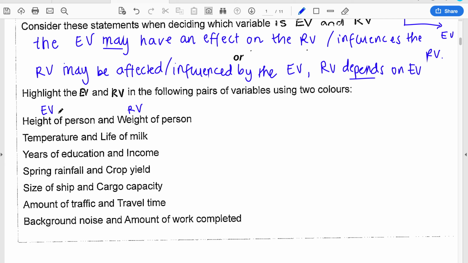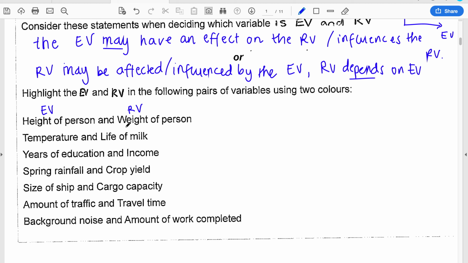Well, it depends on many things, of course, but one of the main factors in someone's weight will be how tall they are. Think about like a 30-year-old versus a 3-year-old. If you take age out of it, the main difference between those two people is their height, and that's why one will be so much heavier than the other.